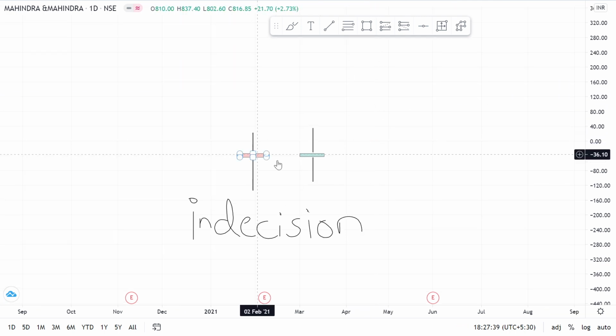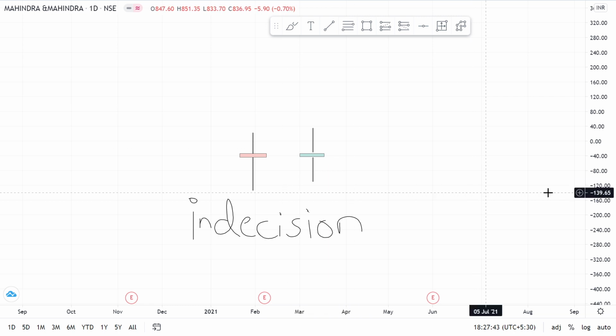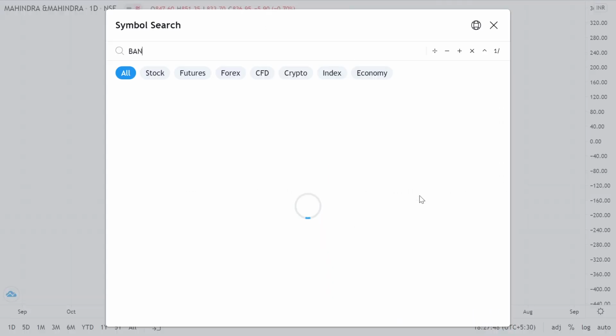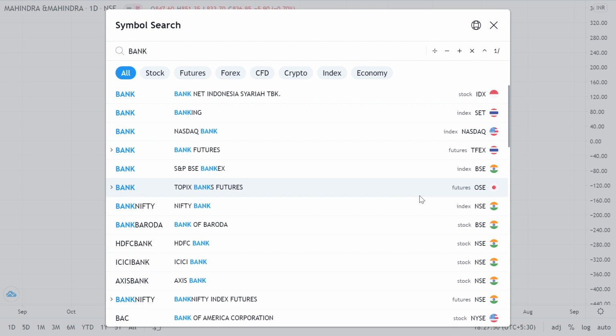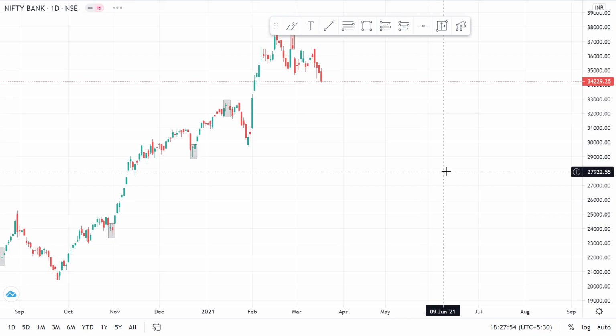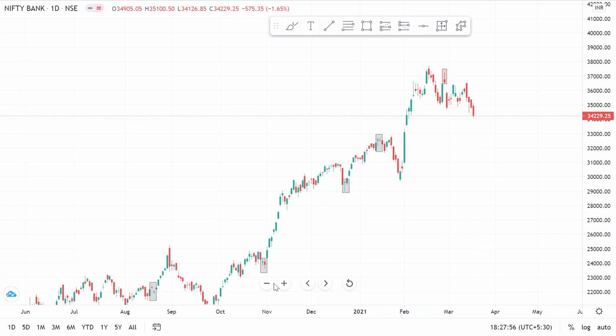So dojis are formed mostly at either the top of the market or the bottom of the market, and after a doji we could expect good momentum as either the buyers are overwhelmed by the sellers or the other way around.